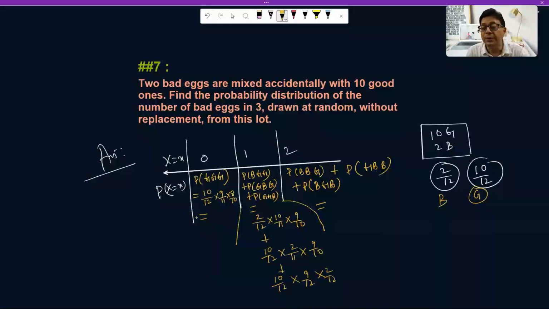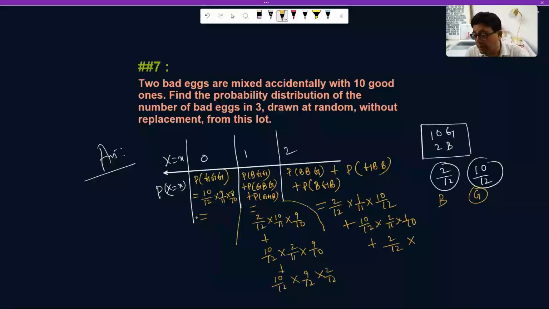So the probability going to be bad one, probability is 2 by 12. Then bad one again, 1 by 11. Then good one, 10 by 12, plus good, 10 by 12, 2 by 11. This plus bad, good, bad. So there will be 2 by 12.